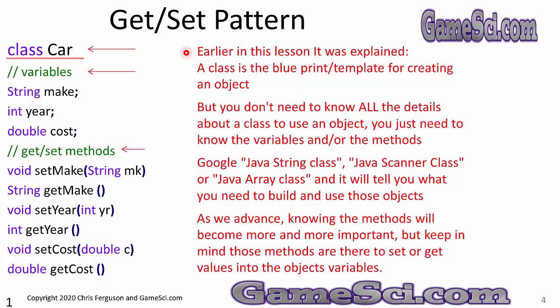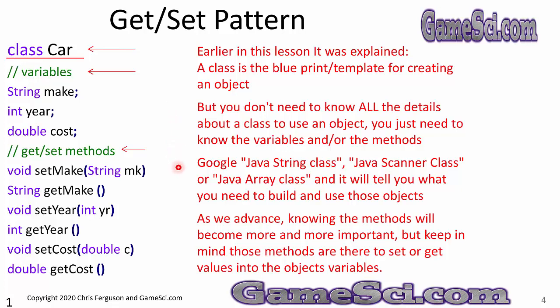Earlier in this lesson, it was explained a class is the blueprint or template for creating an object. So let's describe a class Car here. There's really only two things you need to know about the class Car. What are its variables and what are its methods? But you don't need to know all the details about the class to use an object. You just need to know the variables and or methods.